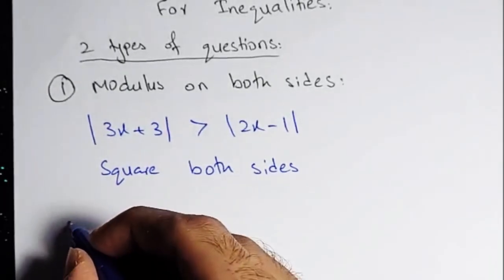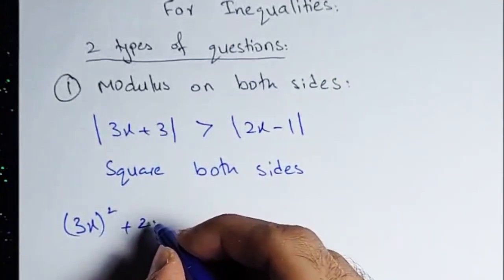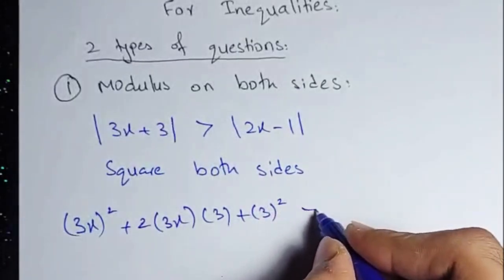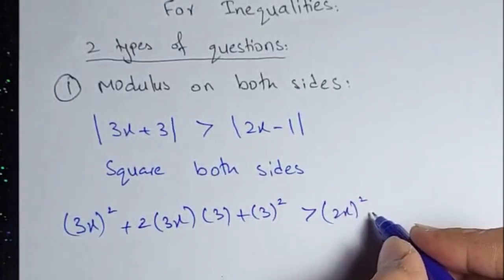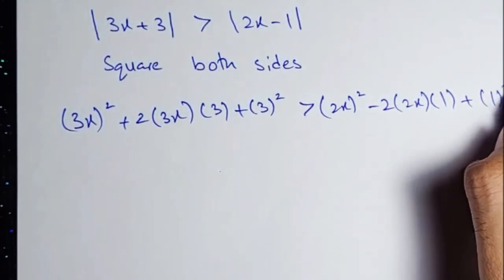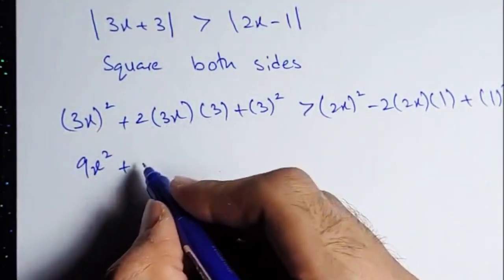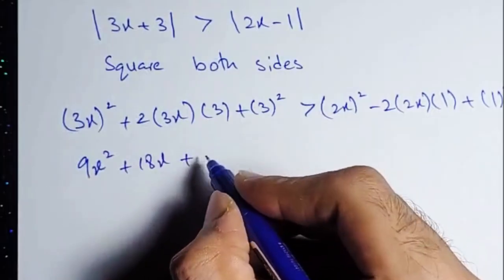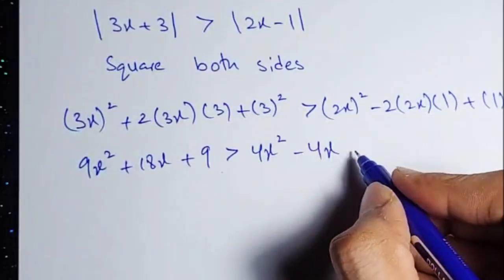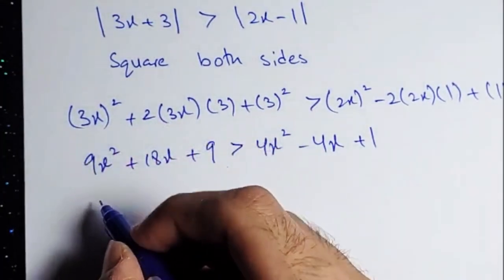So (3x + 3)² is greater than (2x − 1)². 9x² + 2 into 3 is 6, 6 into 3 is 18, 18x + 9, is greater than 4x² − 4x + 1.